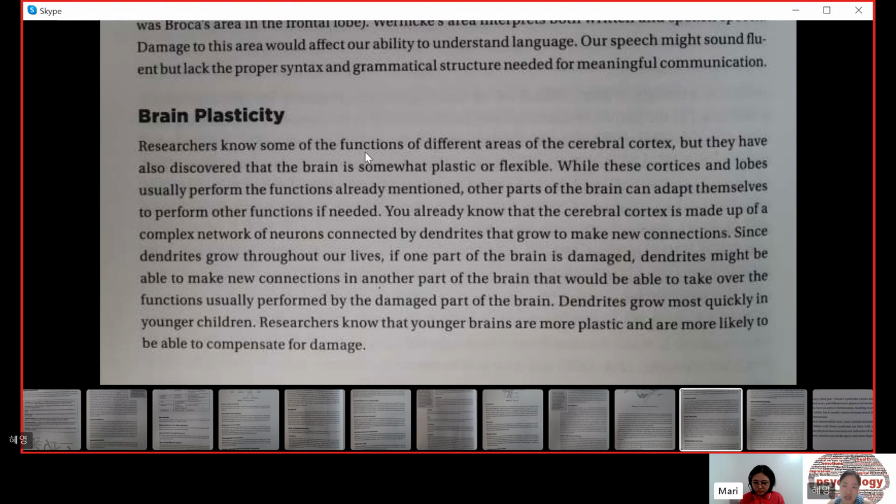Dendrites grow most quickly in younger generations. Researchers know that younger brains are more plastic and are more likely to be able to compensate for damage. So this is a very characteristic feature of the brain.